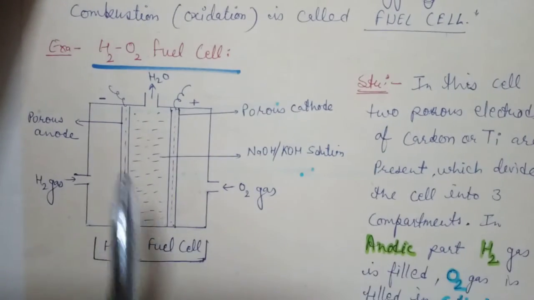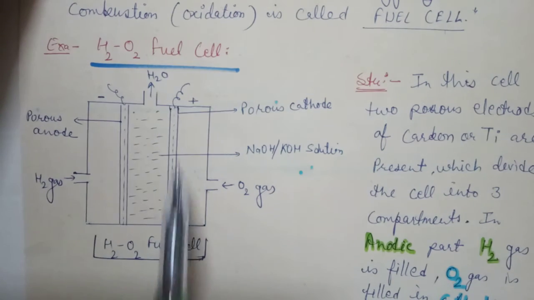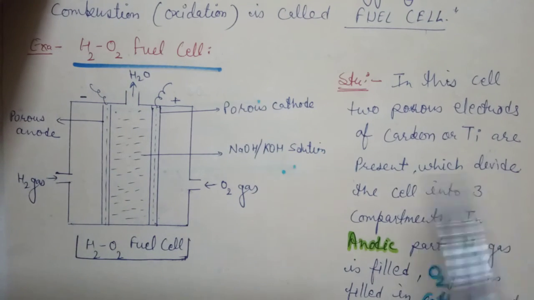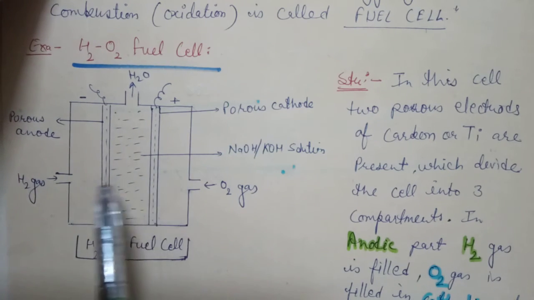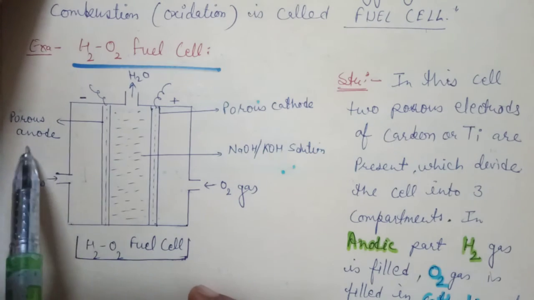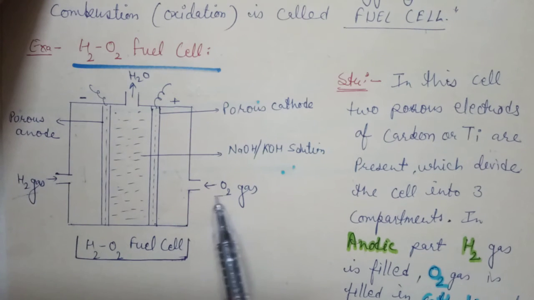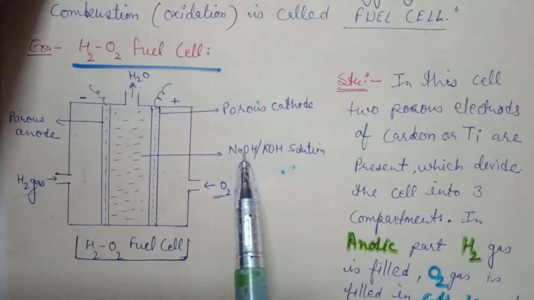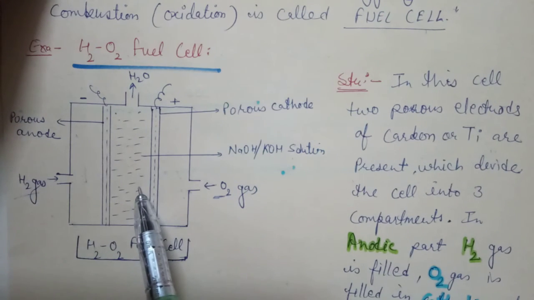Very simple, very easy cell, the H2-O2 cell. There is a cell divided into three compartments by porous walls. These porous walls can be of carbon or titanium. One part is filled with H2 gas and acts as the anode. The other outer part is filled with O2 gas and acts as the cathode. The middle part is filled with concentrated NaOH or KOH solution, which acts as the electrolyte.